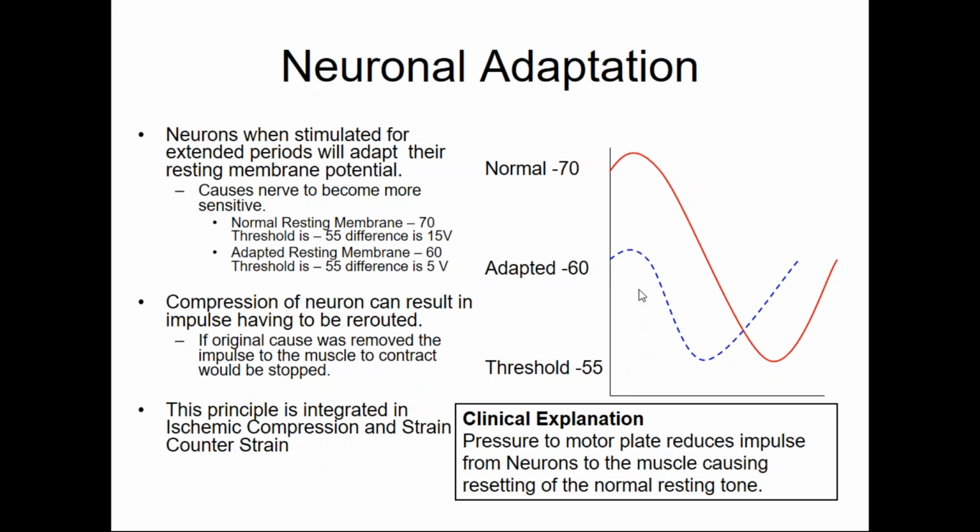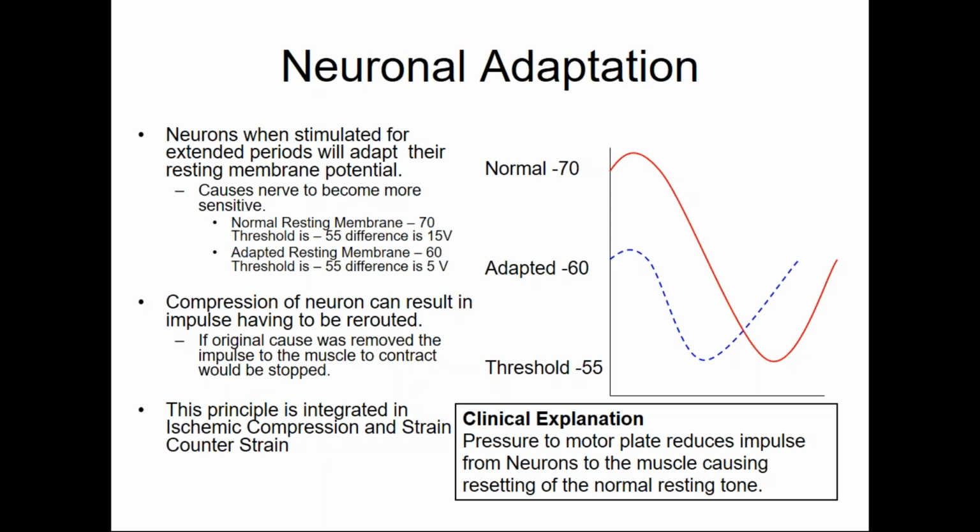So the amount of stimulation required to get down to threshold, which is -55, is much less, and as a result, the stimulus along the neuron can happen quite easily and quite quickly.